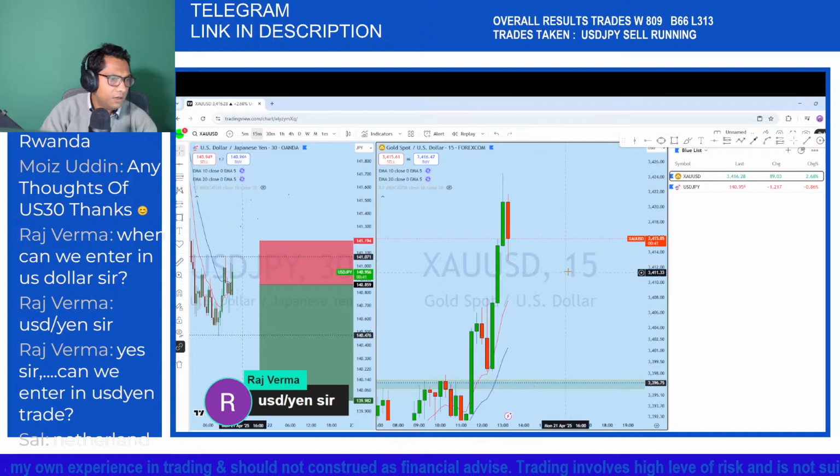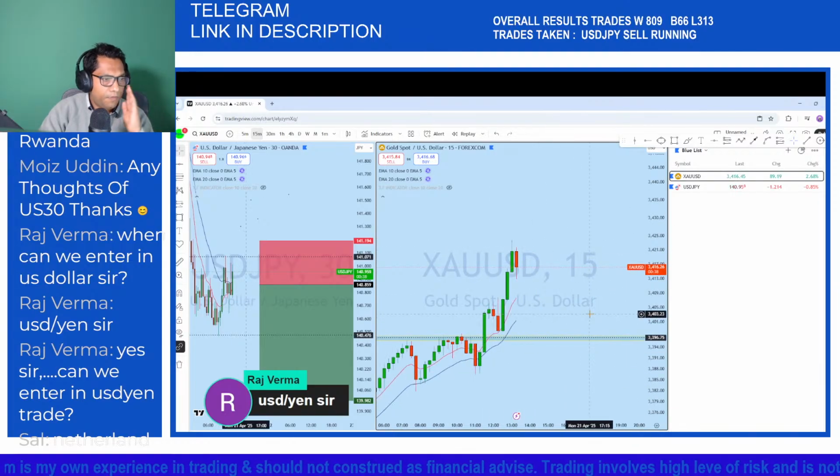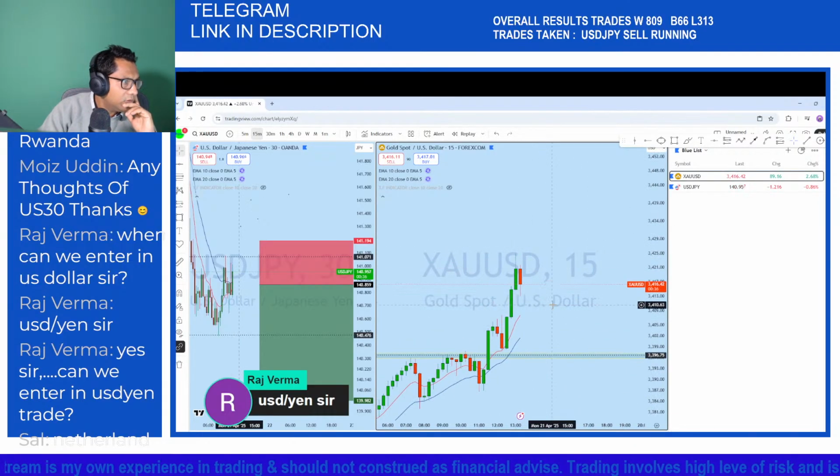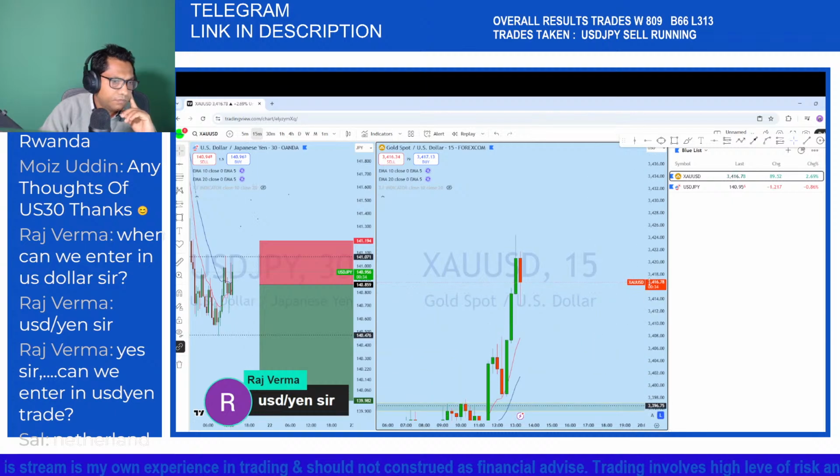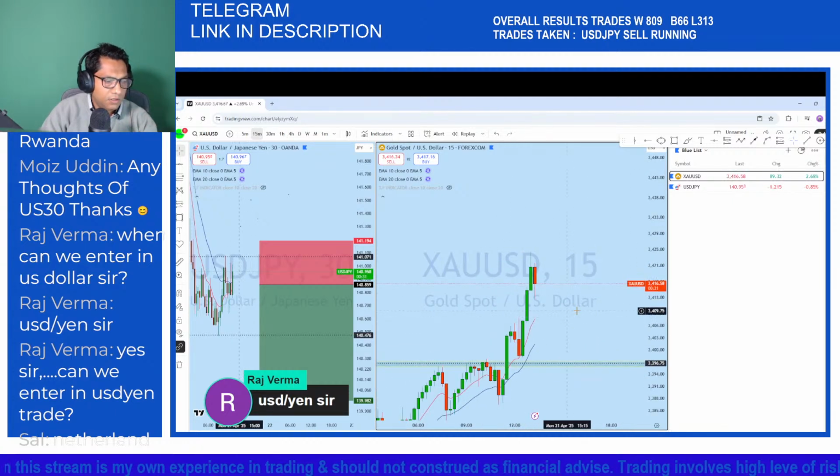So you can see here with a long wick candle on the lower time frame on XAUSD, getting that rejection.